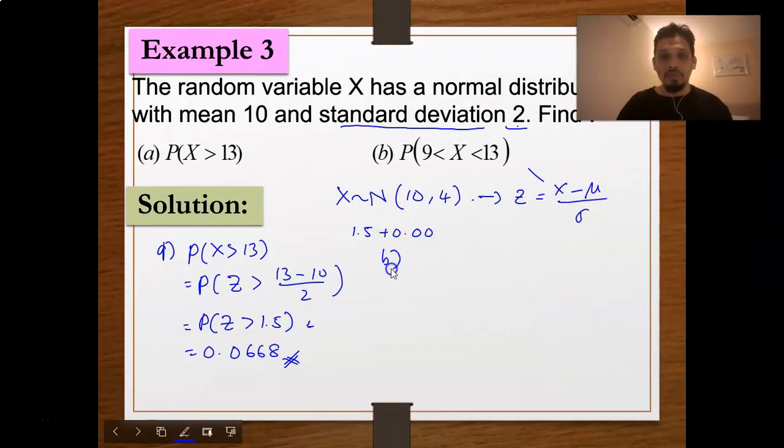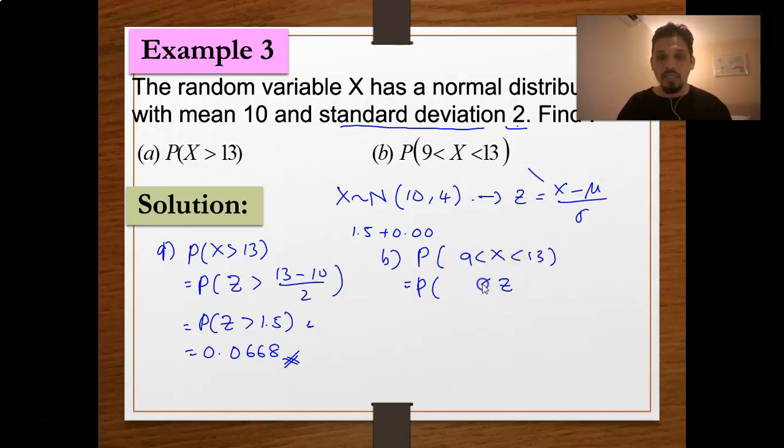And then for question B, the probability of x from 9 until 13. So we transform into the standard normal distribution of z from 9 minus 10 divided by 2, and also 13 minus 10 divided by 2.